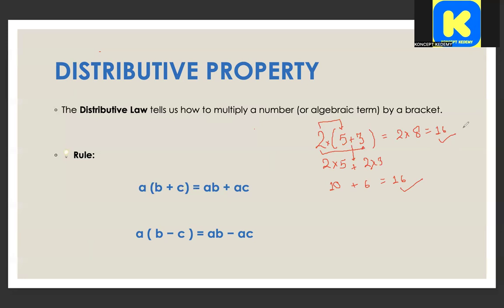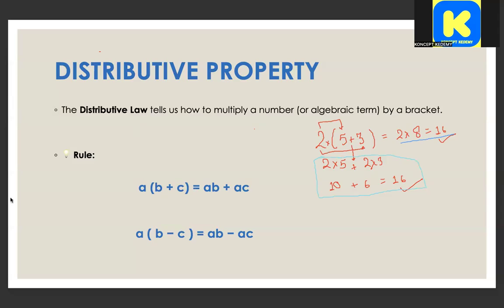This method, which I am pointing out with the blue color, is the BODMAS part, where I operate inside the bracket first and then multiply. But the second thing, which I am denoting with ice blue color, I have solved by using the distributive property.